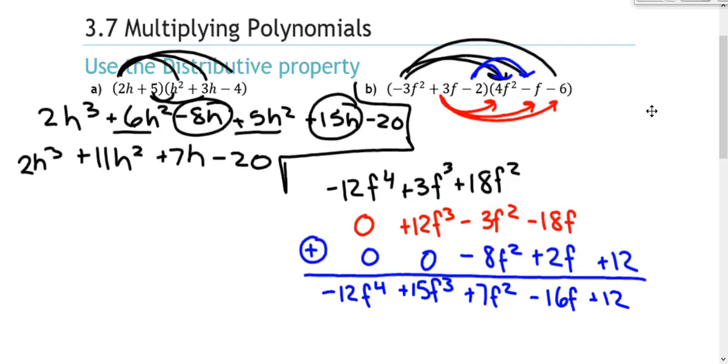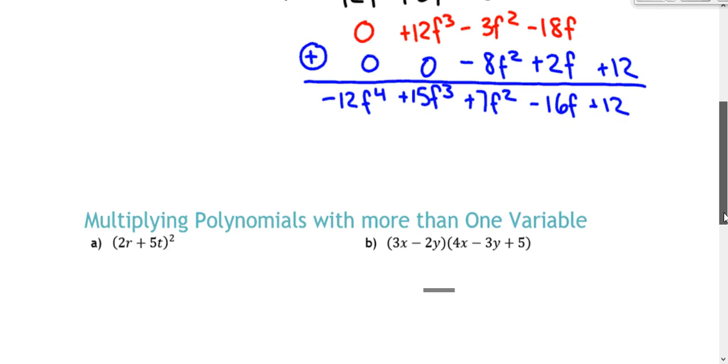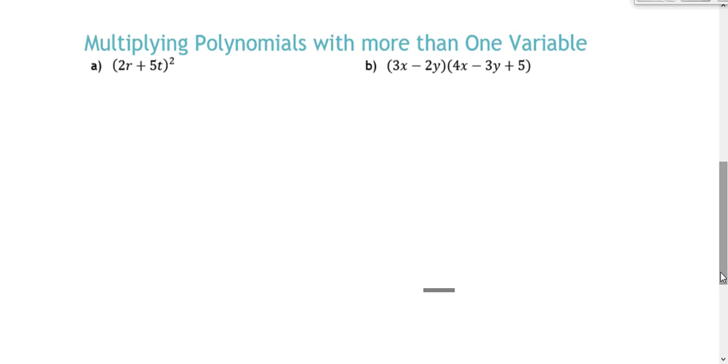So whichever way works for you, do it. If you prefer to stack it this way, do it this way. If you prefer to do it linearly and then collect the terms, do it the first way. It doesn't matter. They both will get you the same answer. Just go slow and take your time.